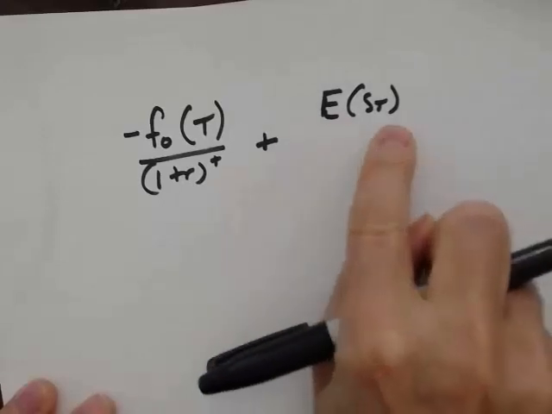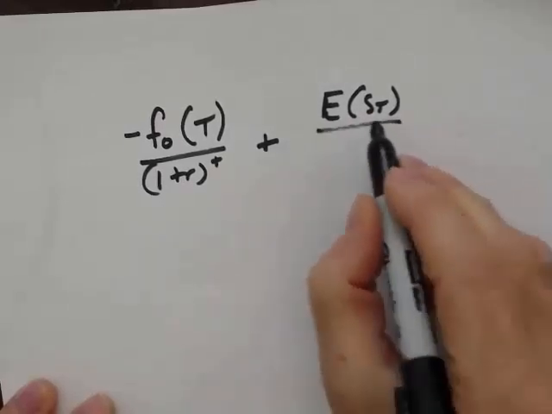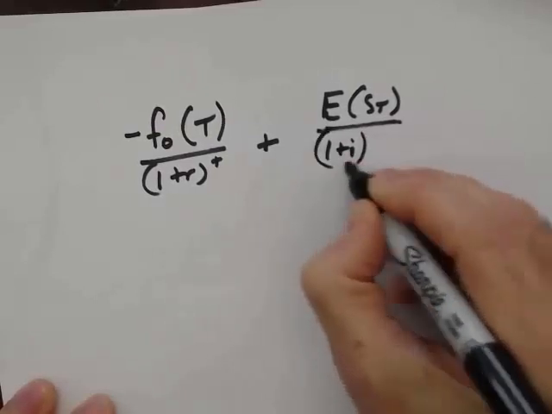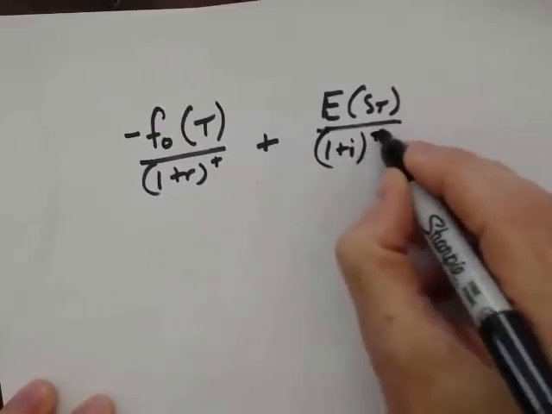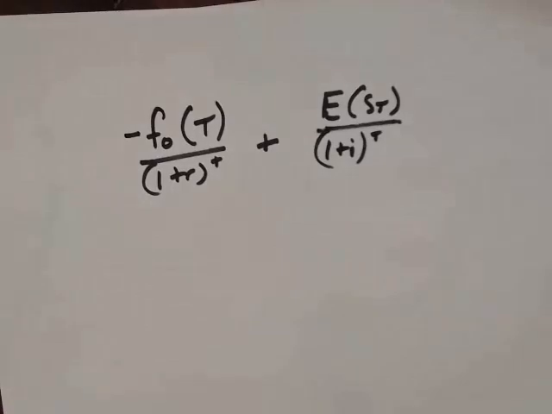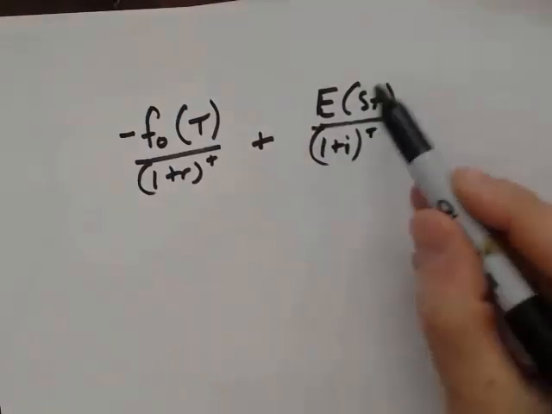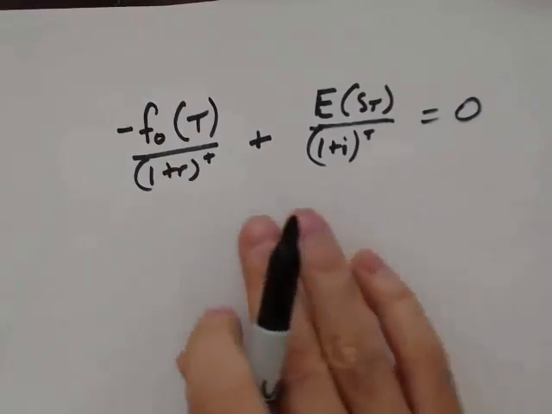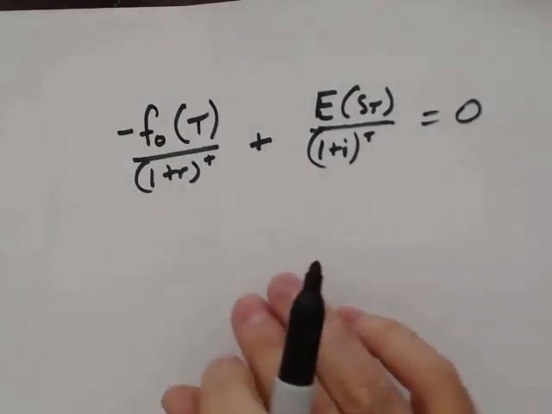You expect to get this, but it's risky. So as of today, you're going to discount that at rate I because it's quite risky, and so this is the present value of that expected spot. That has to equal 0. So this is where you break even, basically.